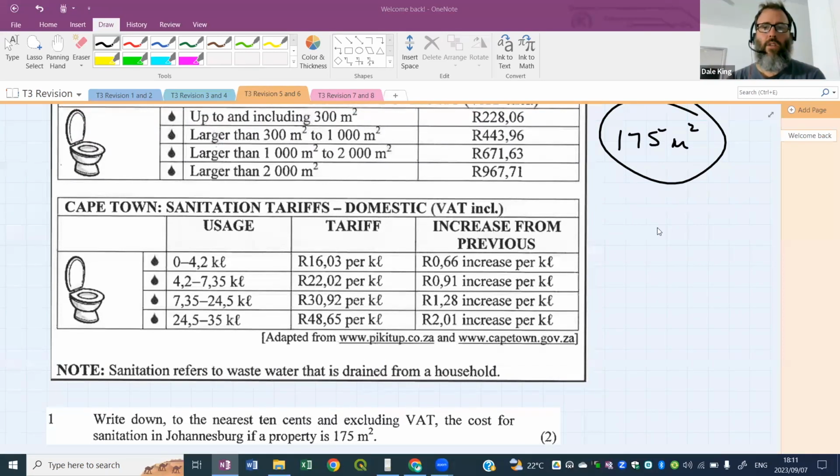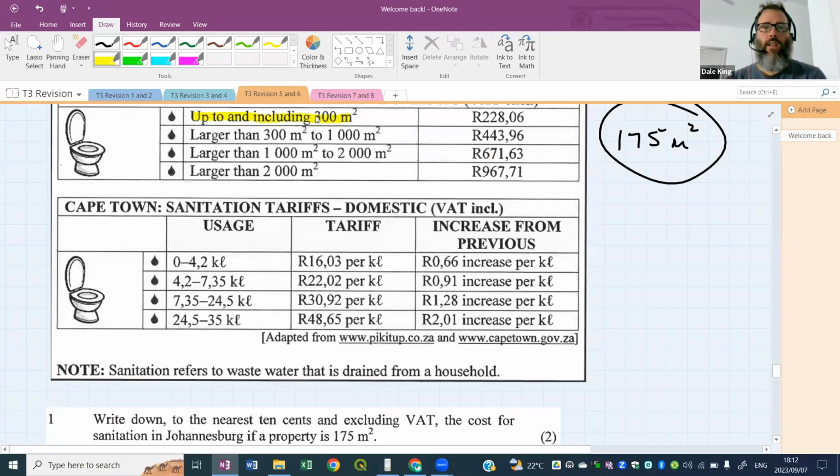228,10. Charles has got an answer there. Anybody else? Only Charles tonight? All right, the answers are coming in. You're all agreeing with Charles here. 228,10. Yes. So it's 175 meters squared, and this line says up to and including 300 meters squared.